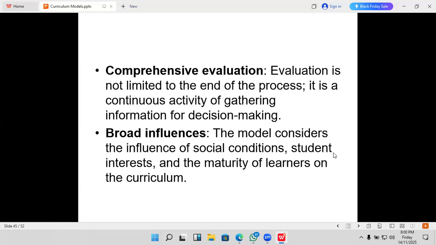Because for social development, economic development, behavior development, skills development, moral development, cultural development, they need education. Therefore, whenever we form a curriculum, education should serve the community for its development.